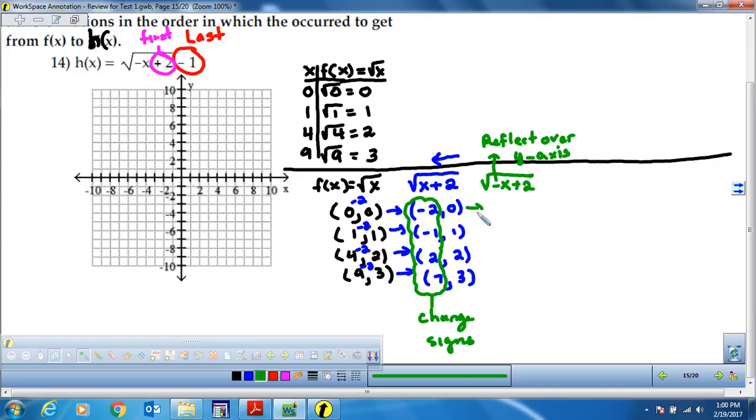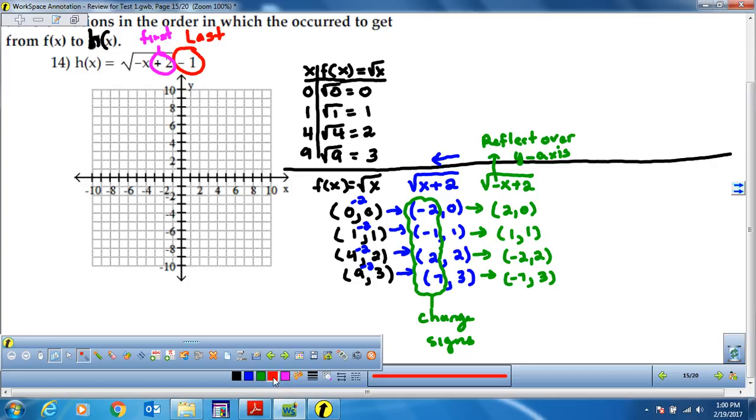So if I change the signs of those x values, then we are going to get positive 2, 0, positive 1, 1, negative 2, 2, and negative 7, 3. So we just changed the signs of the x values.